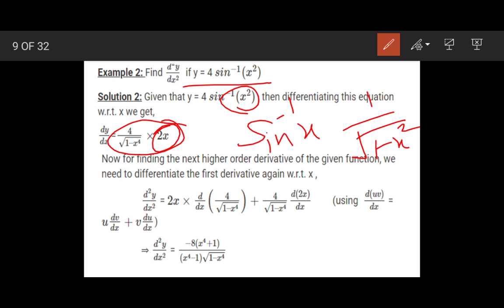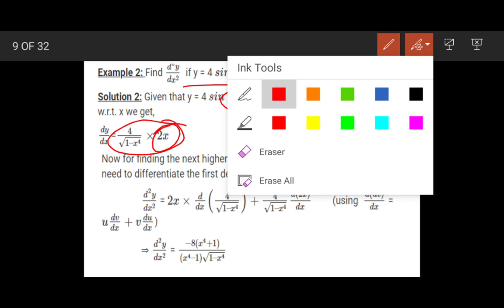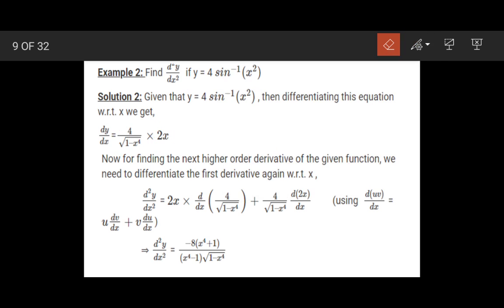Okay. Now again I am going to differentiate this with respect to x. So here this is equal to 8x upon under root of 1 minus x raised to 4. 8 is a constant, so we'll take it outside.